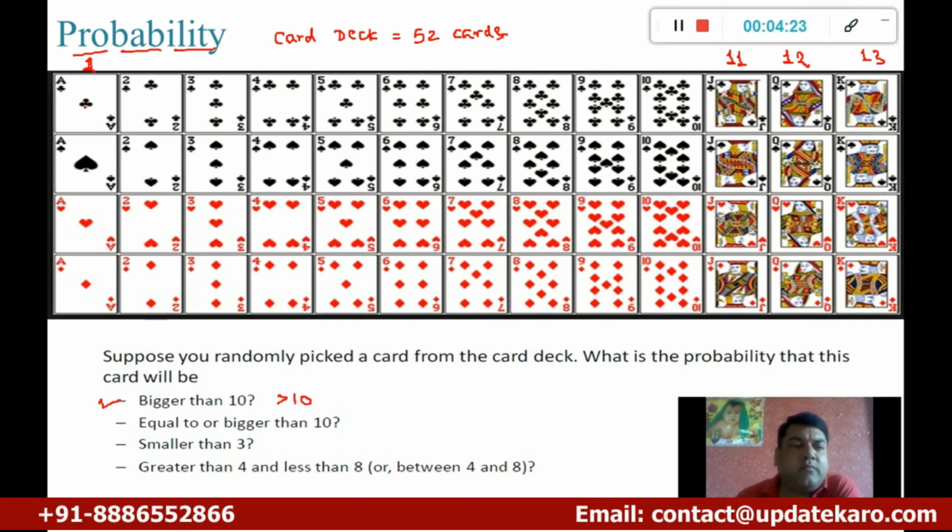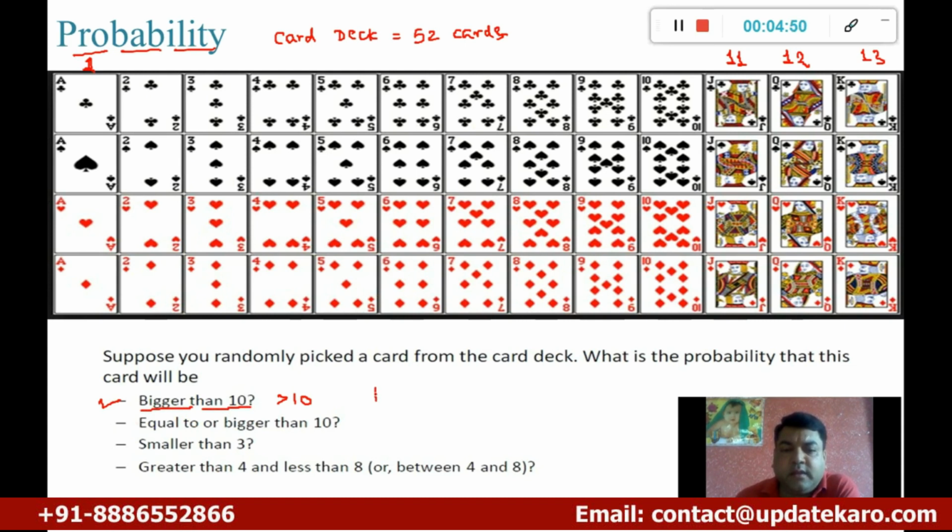So now we have all these 4 different types of cards, and there are a total of 52 cards. Starting from 1 to 13, these are the numbers or the values or the ranks or the weightages they are carrying. Now what are we interested in? We are interested in bigger than 10. And what is the probability definition we have seen?